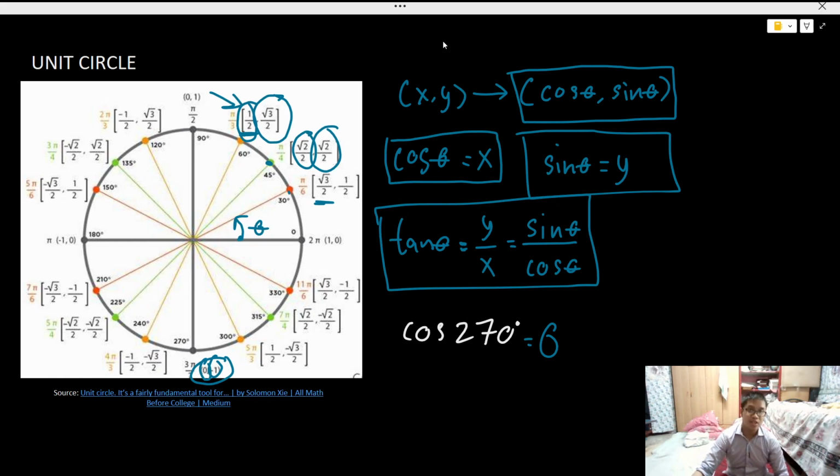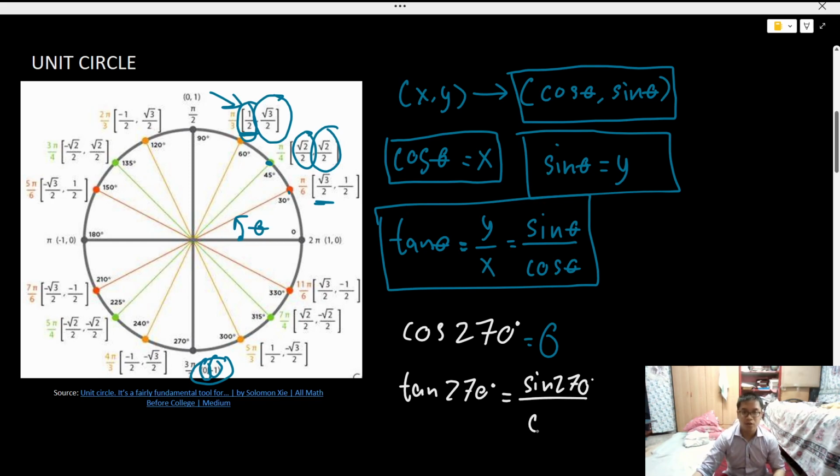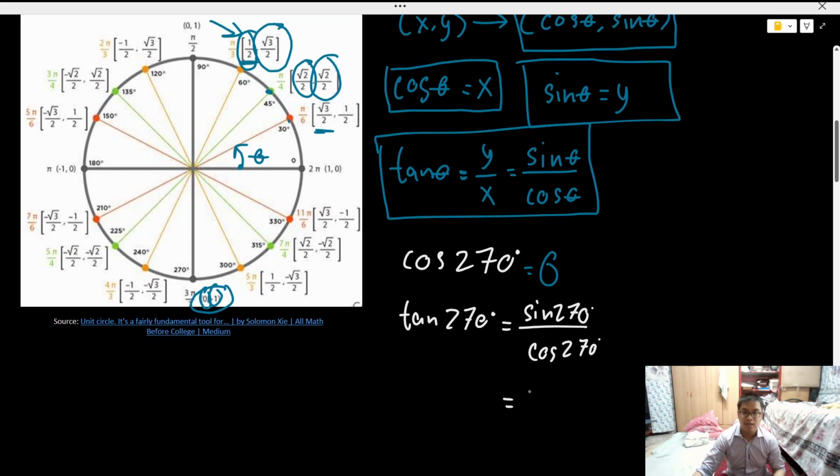Now, how about if it's tangent? Like tangent 270 degrees. So here is just the same as sine of 270 all over cosine of 270 degrees. So sine 270, as I mentioned, it's 1. But actually, it's negative 1. Forgive me. According here, it's negative 1.